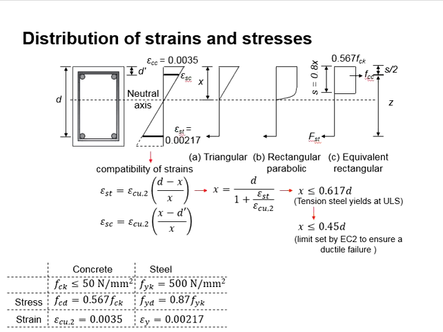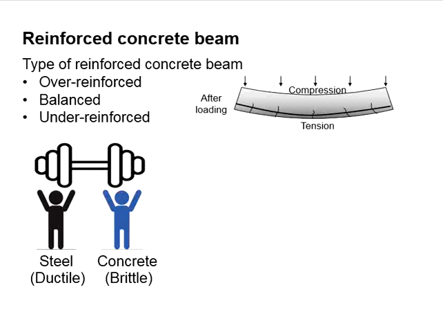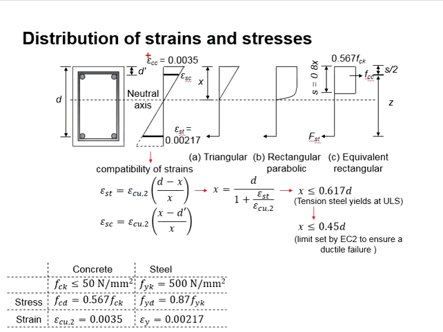First, we need to find the limit of the x. You can take the balanced condition as the reference, as this represents the break-even point. Assume the concrete strength and the steel strength reach their capacity at the same time.